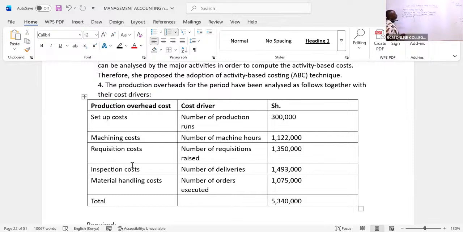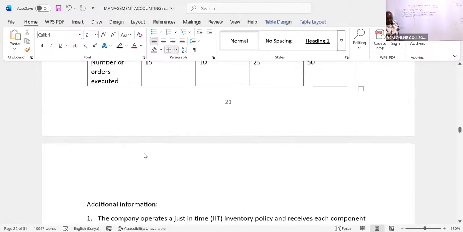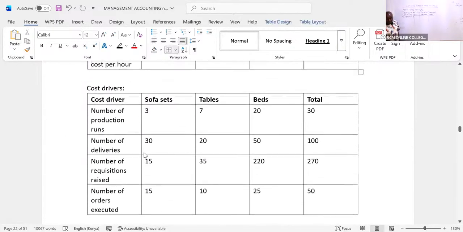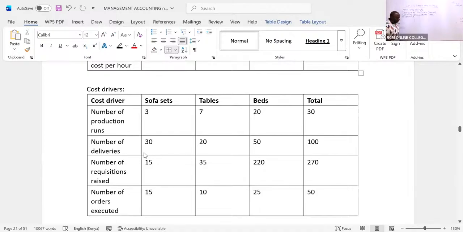So number of production runs, how many do we need? Look for the cost drivers, the numbers, in the second table up there. So number of production runs, we have 3, 7, 20, giving us a total of 30.